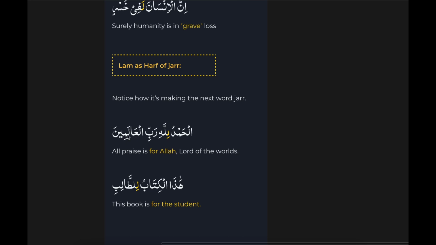It has an ina ending, meaning it can be either nasab or jar. We are going to go with the benefit of the doubt and say that it is indeed jar. Why do we say that? Because if we take it as jar, then it becomes a mudaf mudaf ilay. Rabbil alamina, Rabb of the worlds. So this is mudaf mudaf ilay, and here lam is just a harf of jar, making the next word jar.